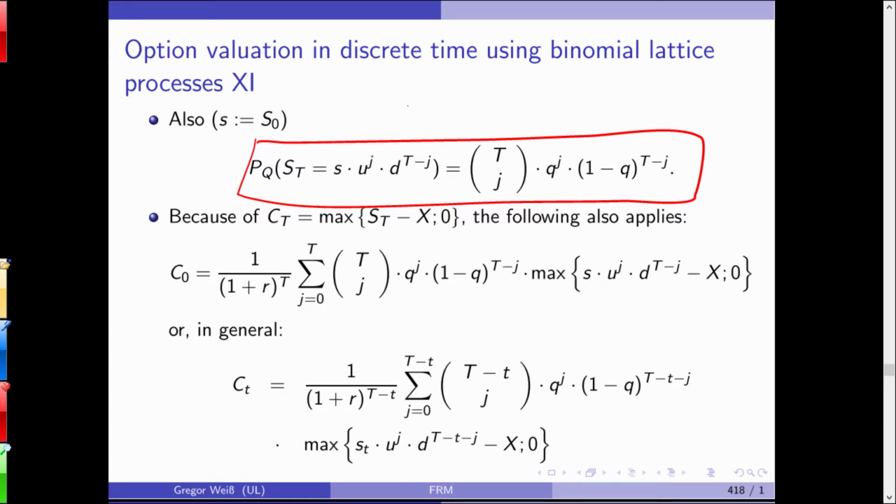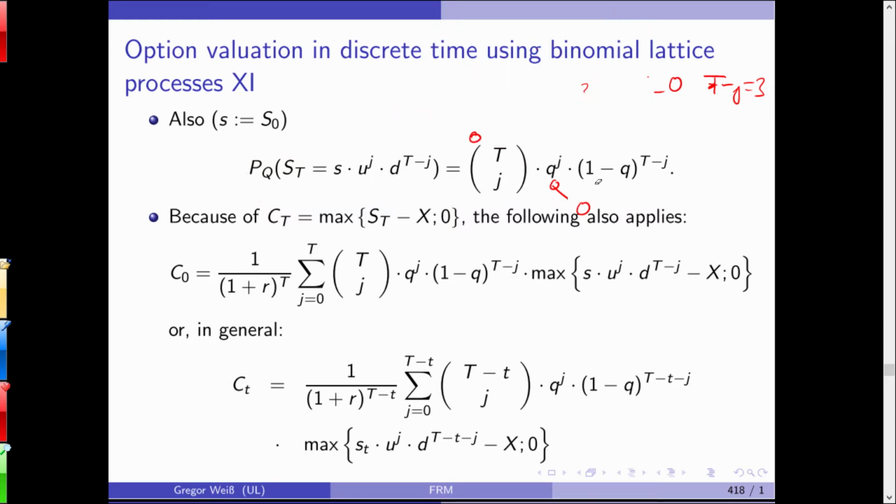So you start here, this is S0, and you can go up 2 times and then down 1 time, then j is equal to 2 and t minus j is 1, because we have 1, 2, 3 periods. If you go down 1, 2, 3 times, then j is 0 and t minus j is 3, obviously. So this is this probability here.